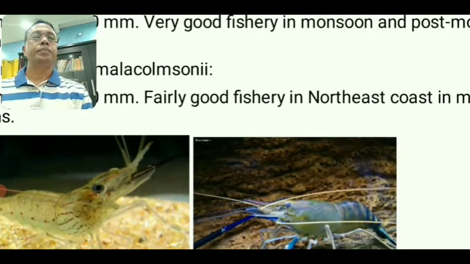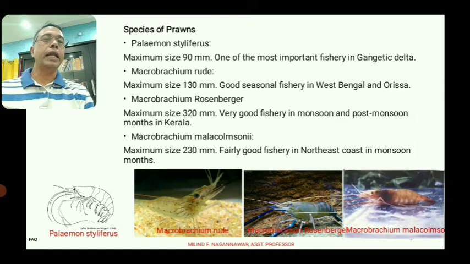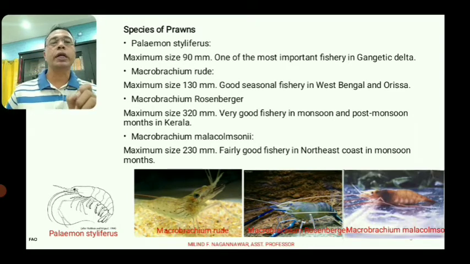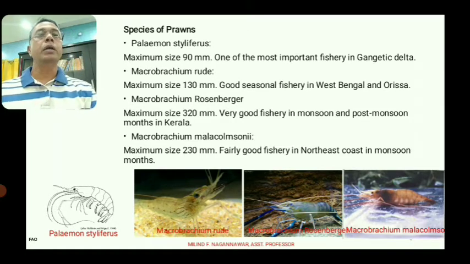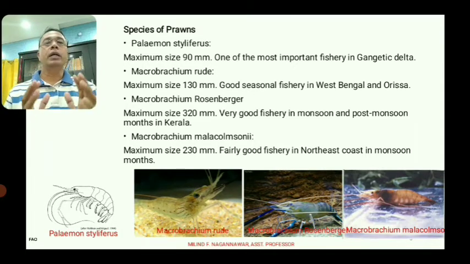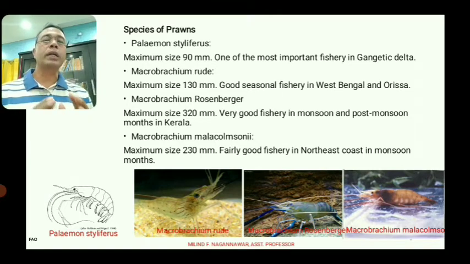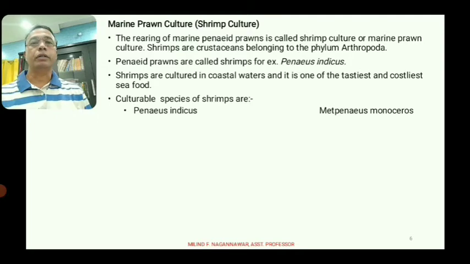Then Macrobrachium malcolmsonii is another one which grows to 230 millimeters maximum size and is found on the northeast coast in monsoon months. So the freshwater forms are Palaemon styliferus, Macrobrachium rude, Macrobrachium rosenbergii, and Macrobrachium malcolmsonii. These are the four species which we have studied, which are cultivable.